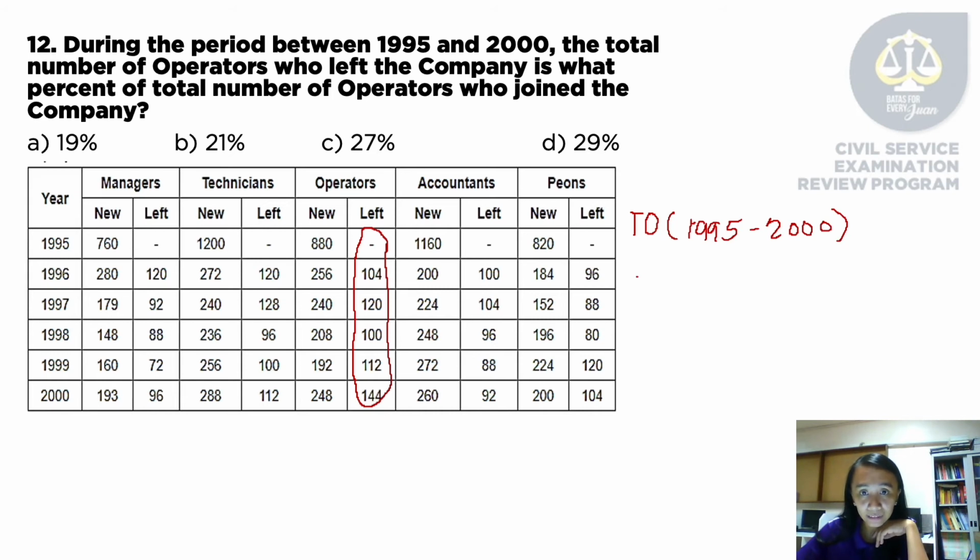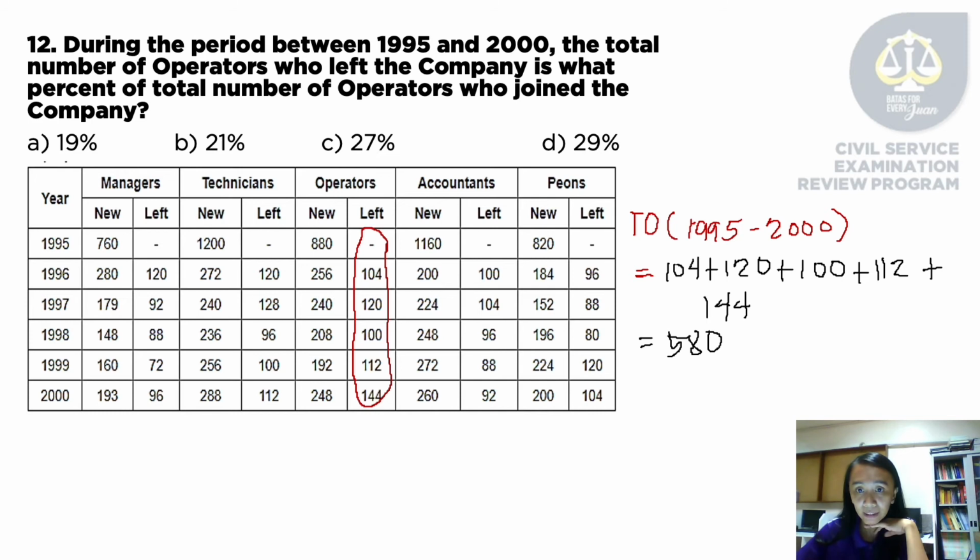So we just add these numbers: 104 plus 120 plus 100 plus 112 plus 144, and that will give me 580.